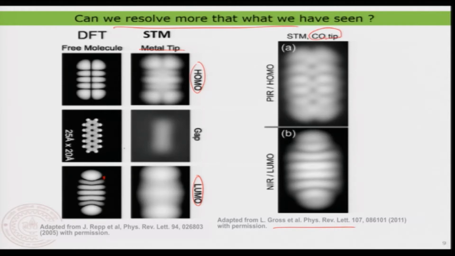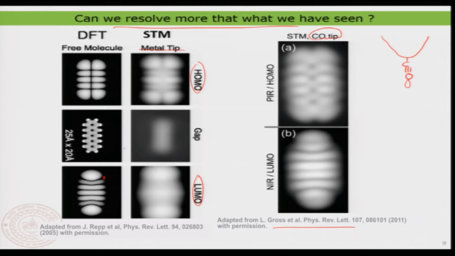You have a tip like this, and a carbon monoxide sitting like this. You have a sharp atom sitting next to it, and it also has a strong p-like state protruding along the axis of the molecule. So you could expect that the carbon monoxide tip could resolve something more.